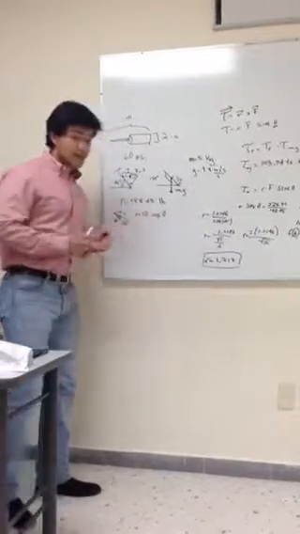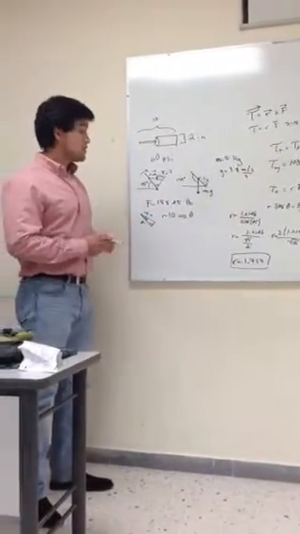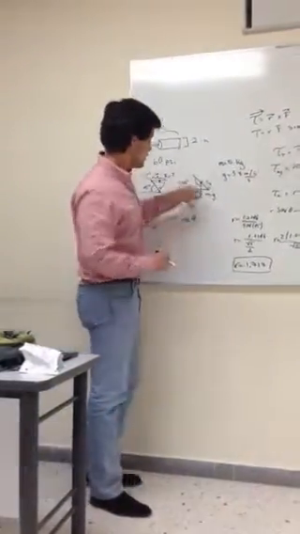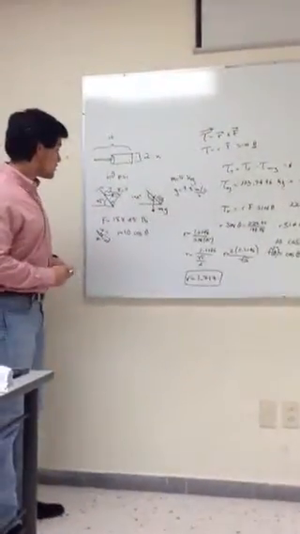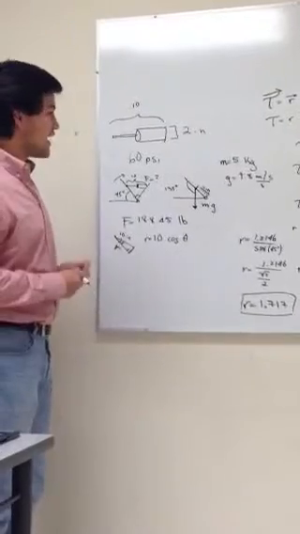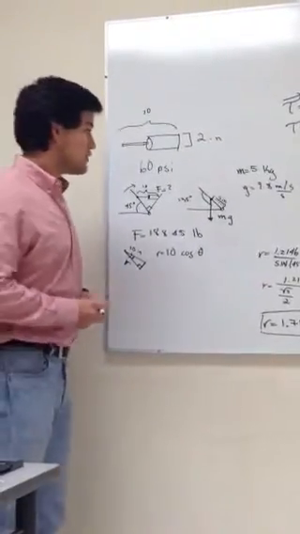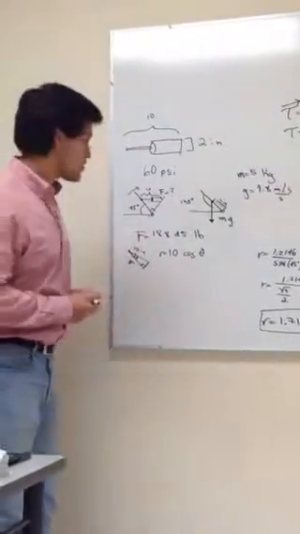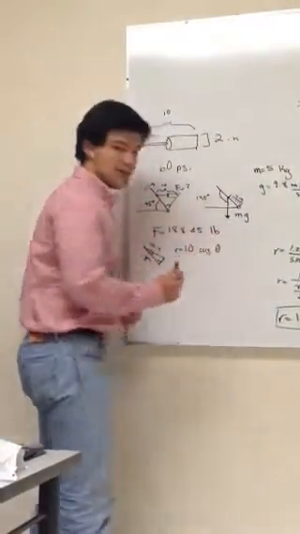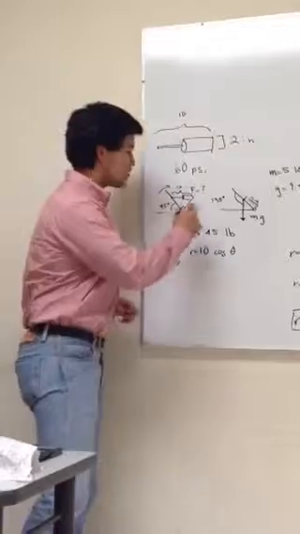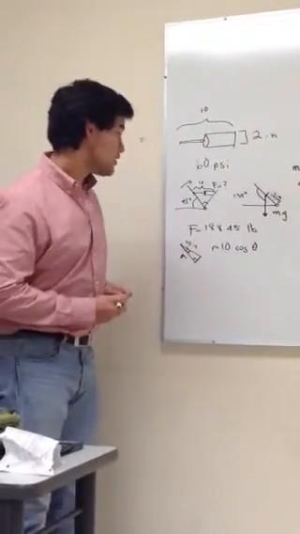The torque made by gravity is calculated with the center of mass here. We will take this as R, which is 3 inches, and the force will be the weight of the structure. So we see that the force acting on the structure by gravity is at 135 degrees.